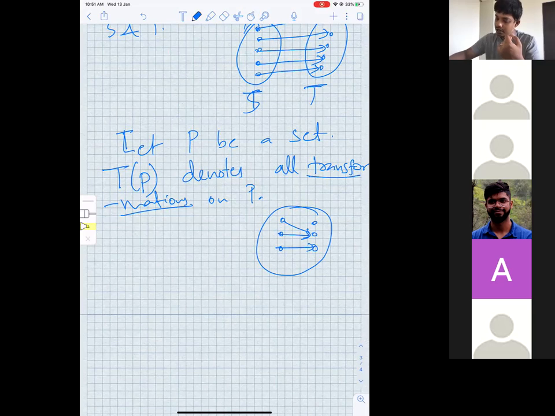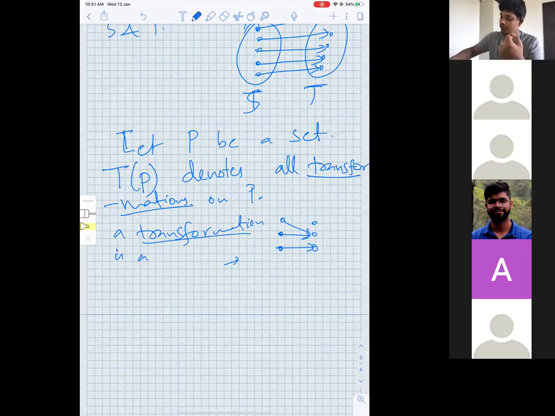You understand what I'm saying? So, these are elements of P, a transformation is a function on P. Okay.